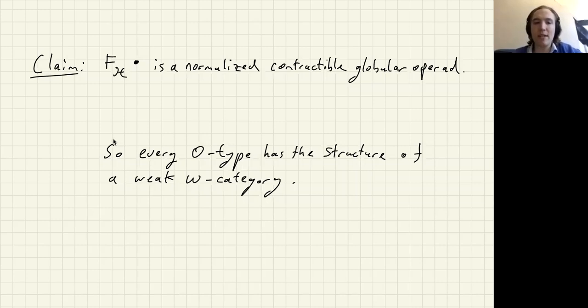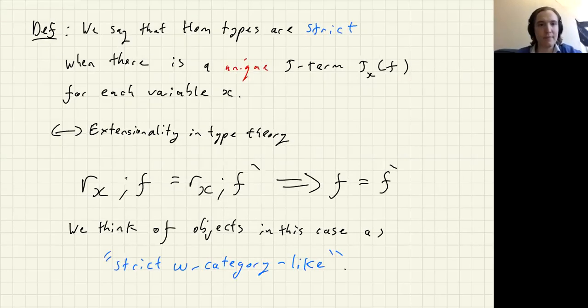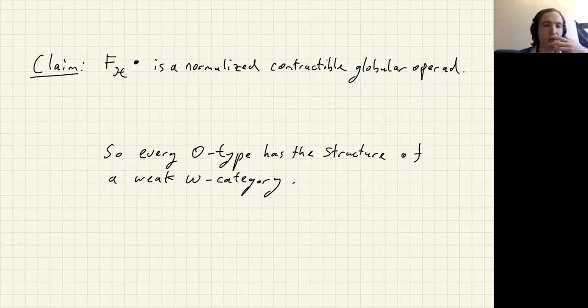So we reobtained that result of Garner and van den Berg's in this setting. Every zero type has the structure of a weak omega category in any globular multicategory with homomorphism types.